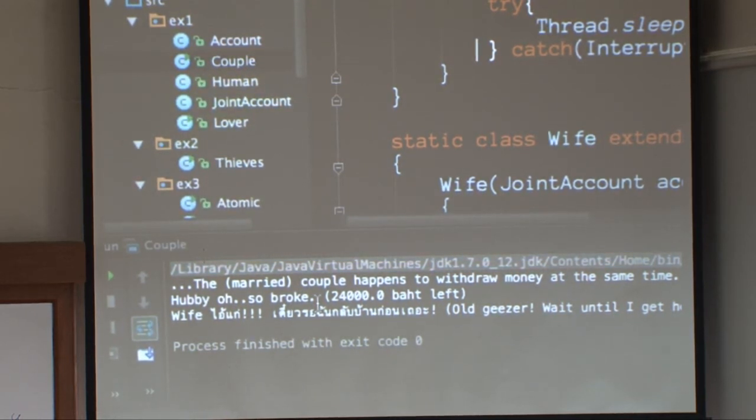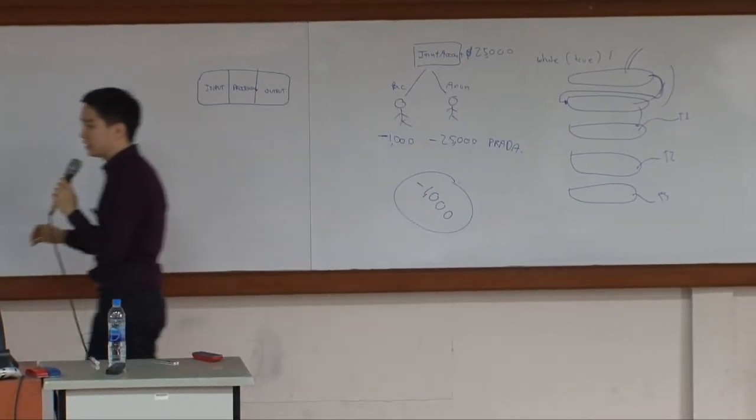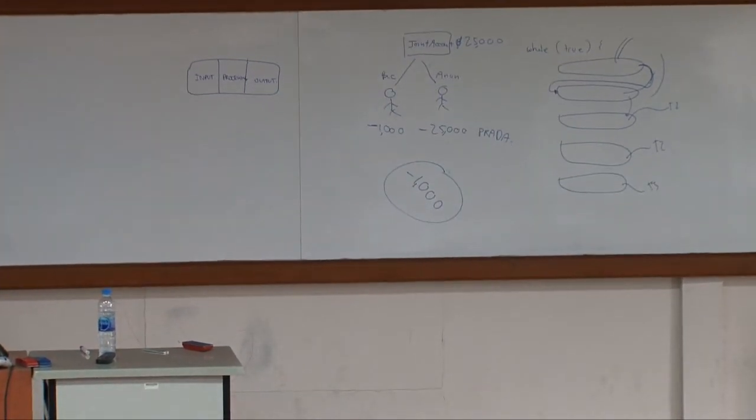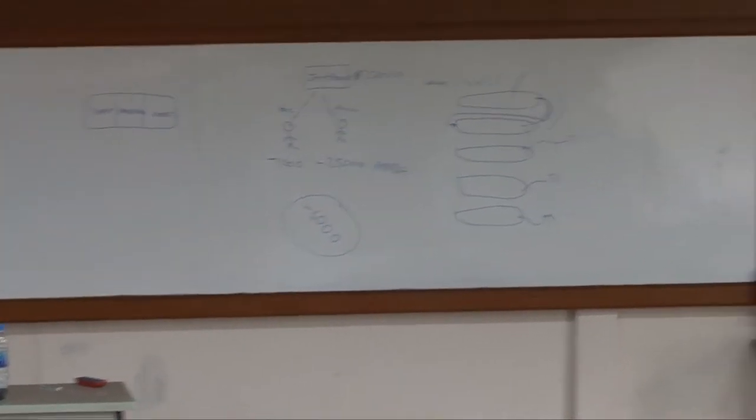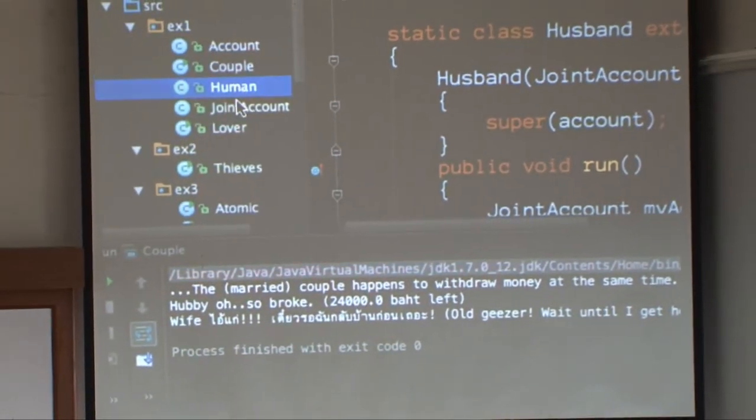So one of the key takeaways that I want you guys to understand about the keyword synchronized is that when you put it as part of the method signature, like you saw in this example, when you look at here, human join account.